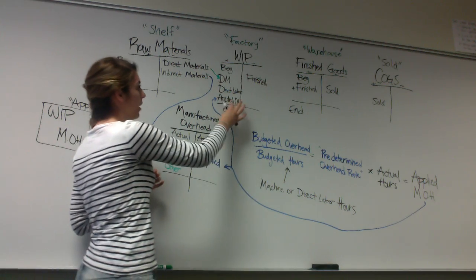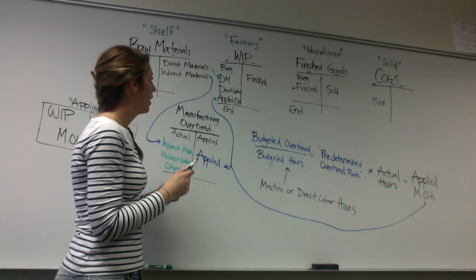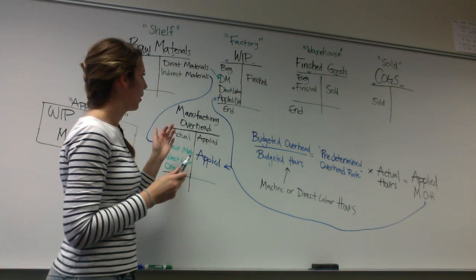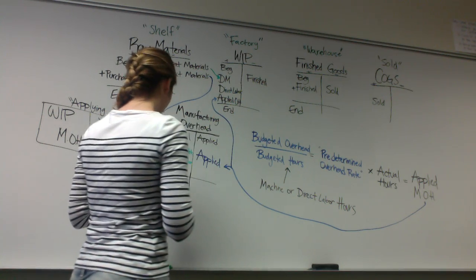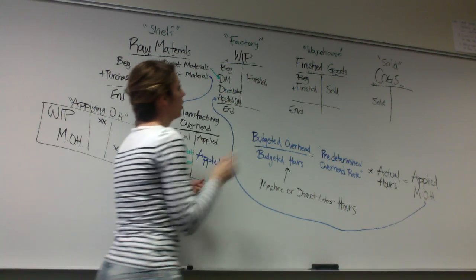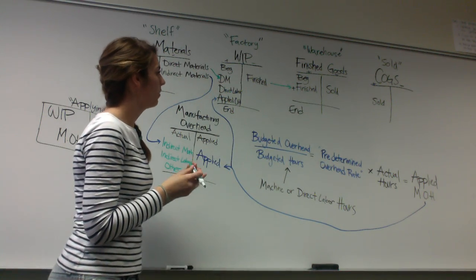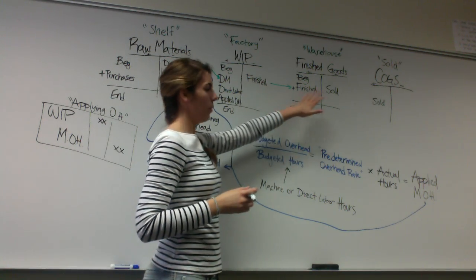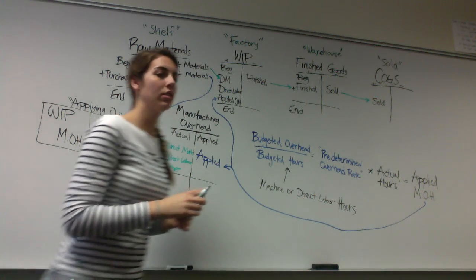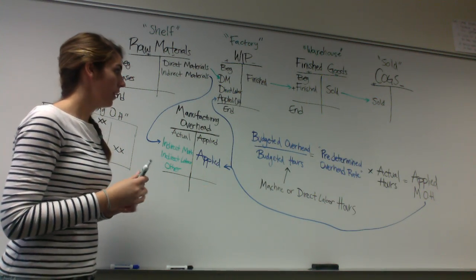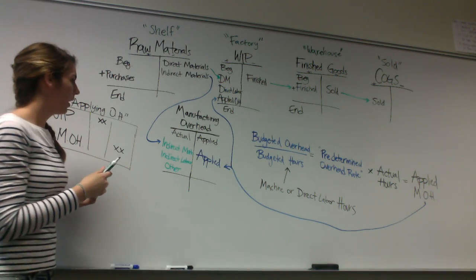So we put that in here with direct materials and direct labor, what we finish will then be credited, and will be moved over here to the finished goods inventory T account, and then what we sell will move over into COGS. So that's all you need with those first three T accounts.